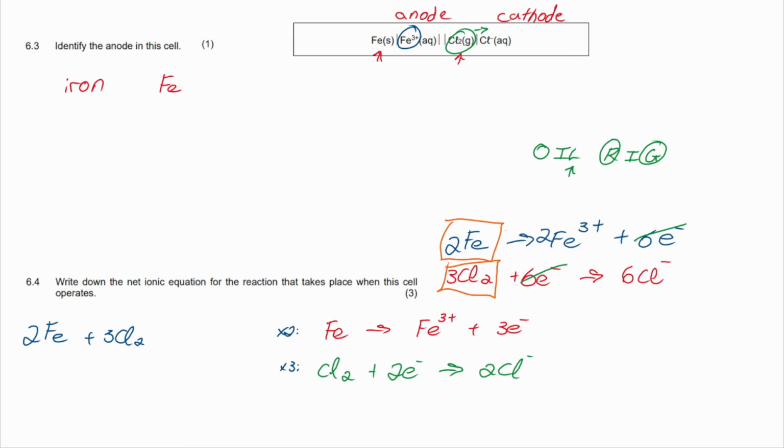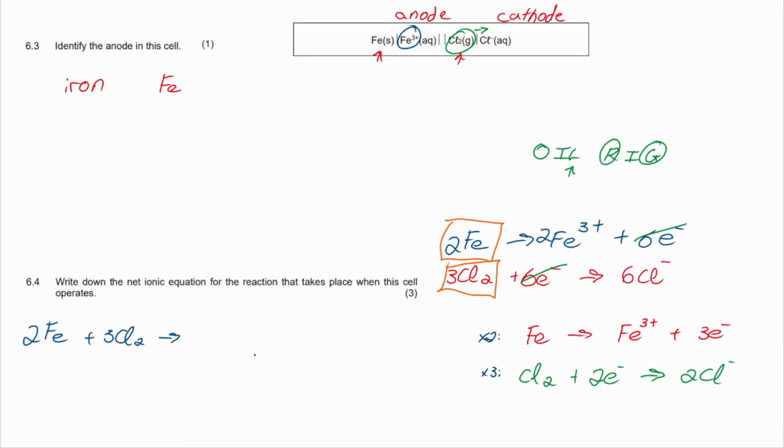Now, I'm going to show what was on the right of the arrow. Let me just move this across, and what we had on the right hand side of the arrow is 2 Fe3+ plus 6Cl minus.